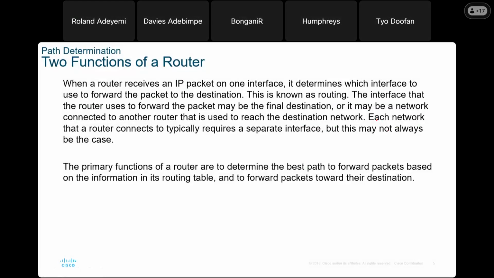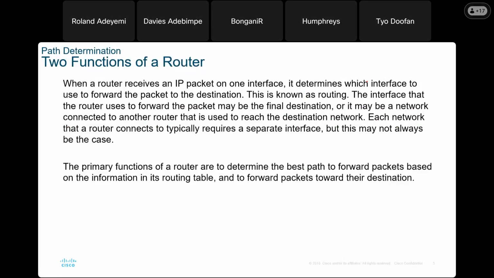Okay, thank you. Now, take note of this. The interface that the router uses to forward the packet may be the final destination. I just showed you that. Or it may be a network connected to another router that is used to reach the destination network.